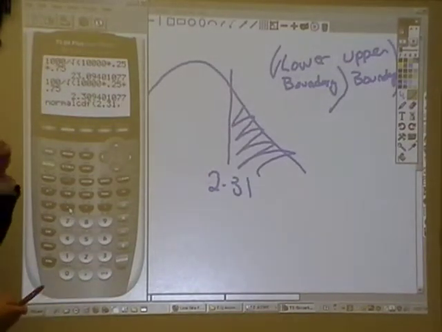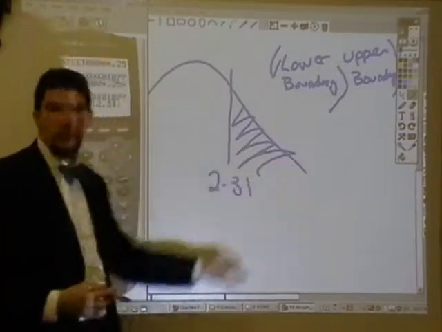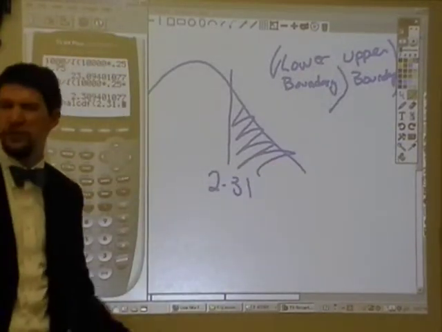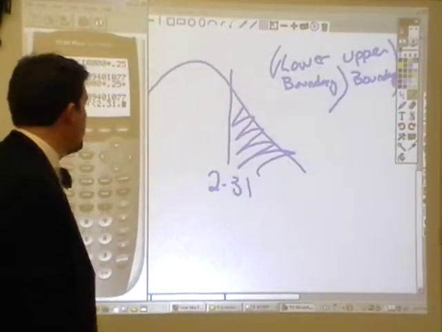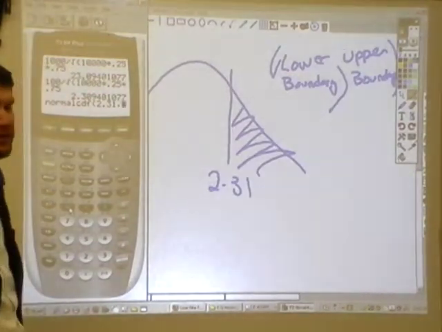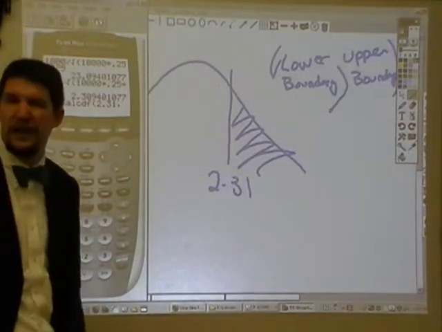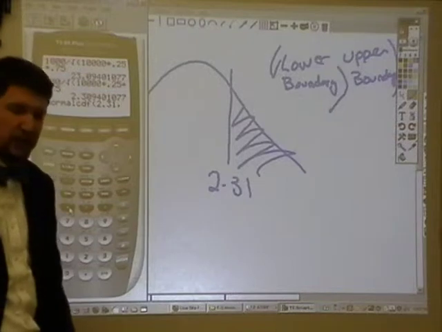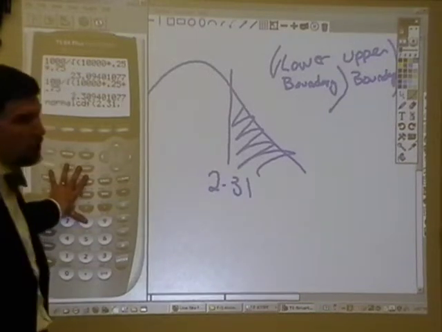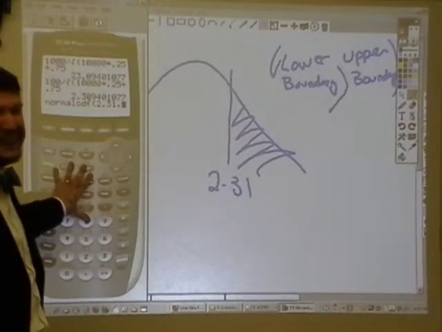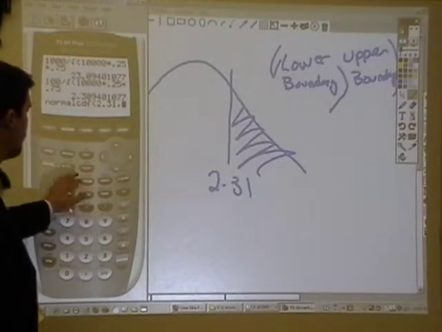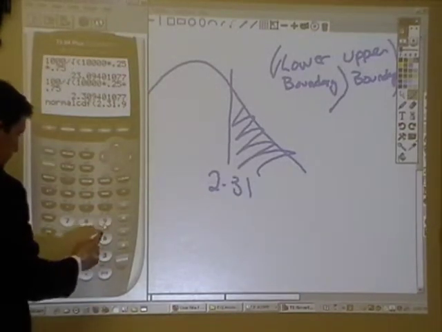What's the upper boundary? Well, where does this go to? The answer is it goes to infinity. So we need a z-score to represent infinity. It turns out you could use probably anything above 9 and we're going to get the same answer. But because later on we need it to be 999, we're going to say infinity is 999.